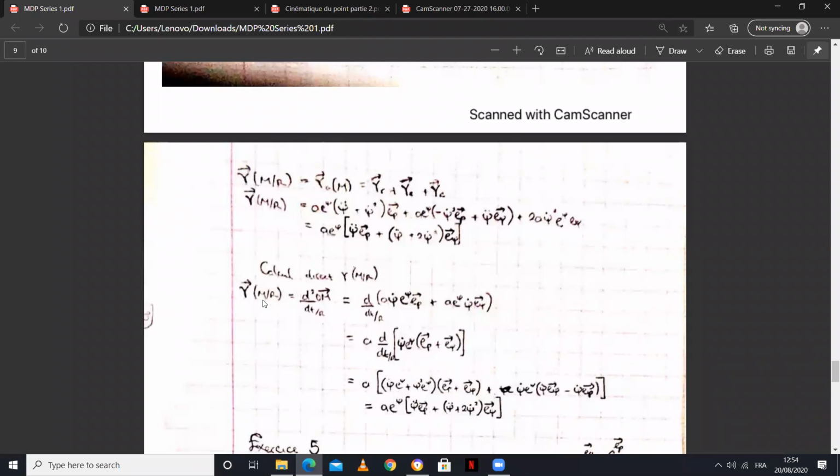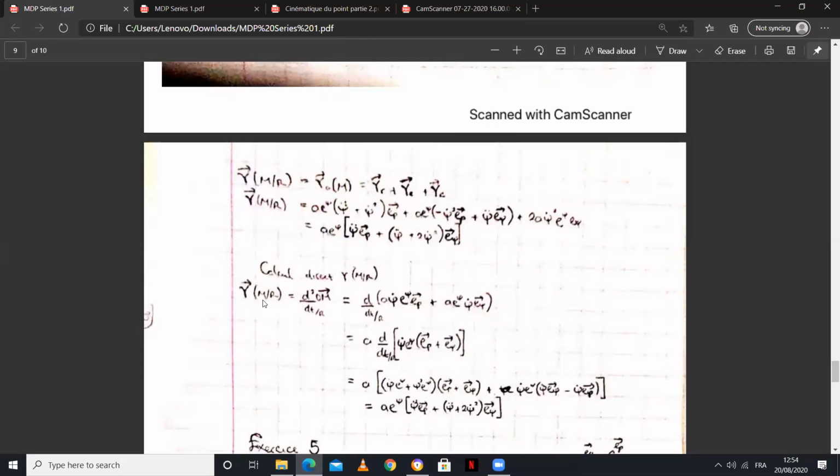Since I want you to calculate gamma de M dans R, you get your vector of position, puisqu'on est dans le repère R, our origin is O, so our vector of position is going to be starting from the origin O going to the point M. So we'll have OM par rapport à R, okay?